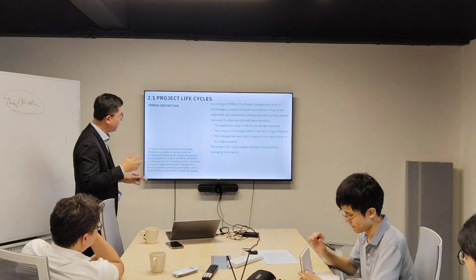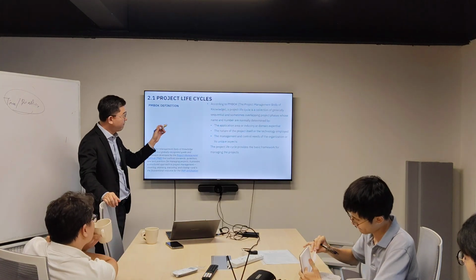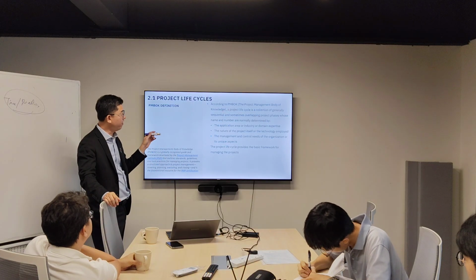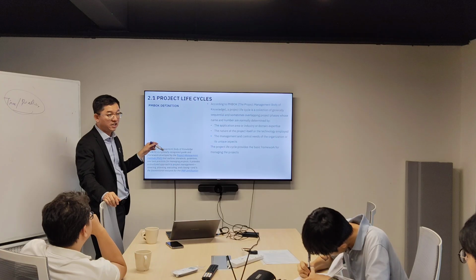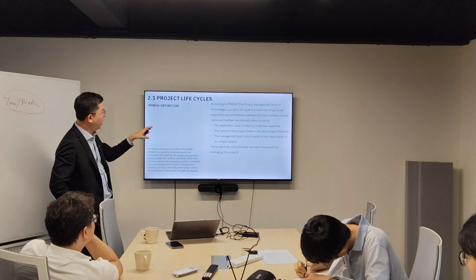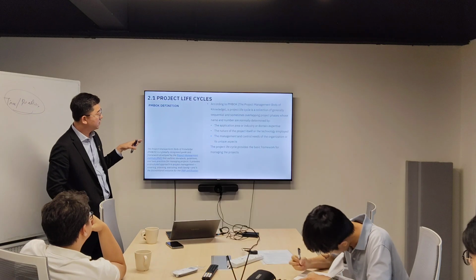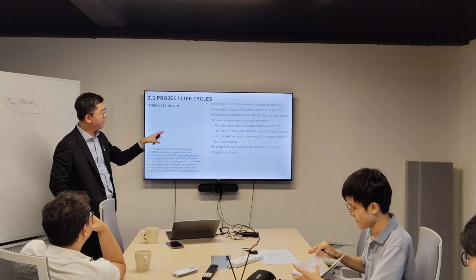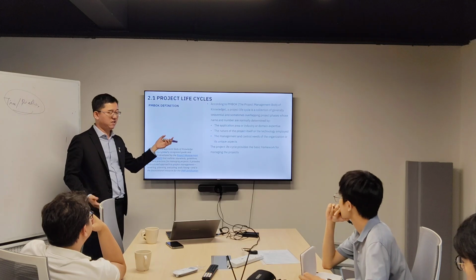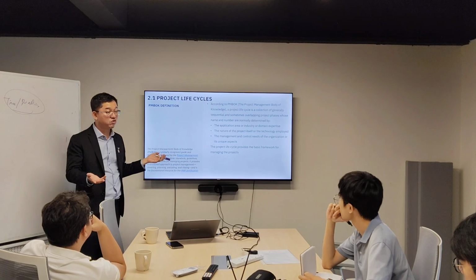Under this PMBOK, a project life cycle is defined as a collection of the general sequence and sometimes overlapping project phases, whose names and numbers are normally determined first by what kind of industry you are in.